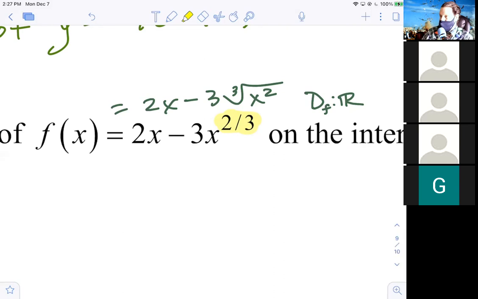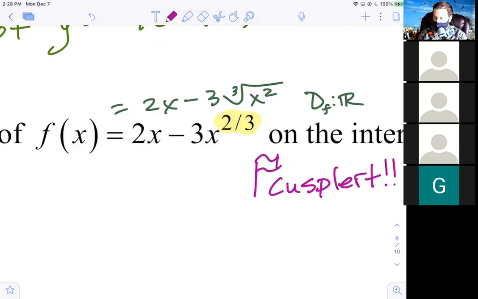Because we have a fractional exponent between 0 and 1, when we take the derivative using the power rule and subtract 1, it's going to make that exponent negative, which means that x is going to be thrown into the denominator, which means now we're going to have a value that makes the derivative undefined. Okay, so I said on Thursday that whenever you have a fractional exponent between 0 and 1, you want to be on cusp alert, or vertical tangent alert, really, but cusp alert sounds better.